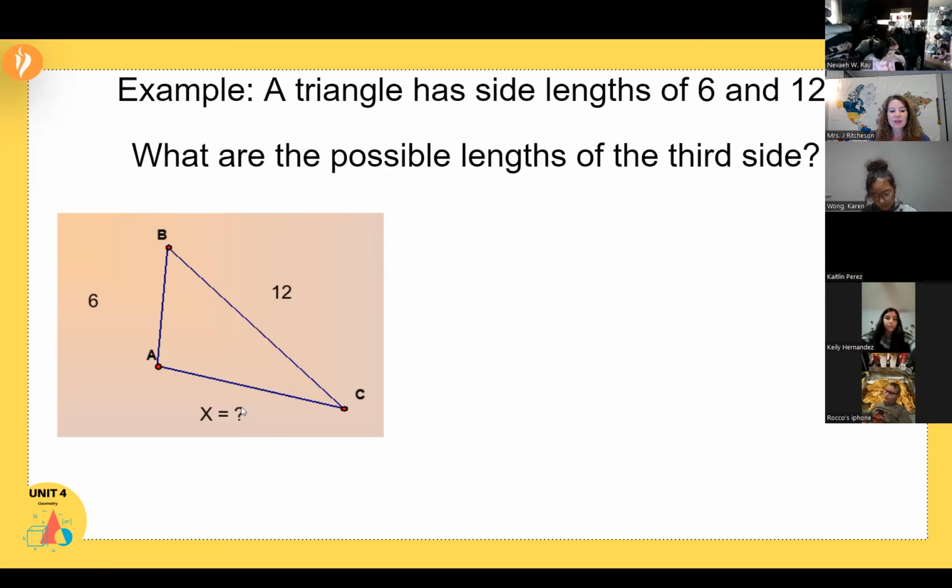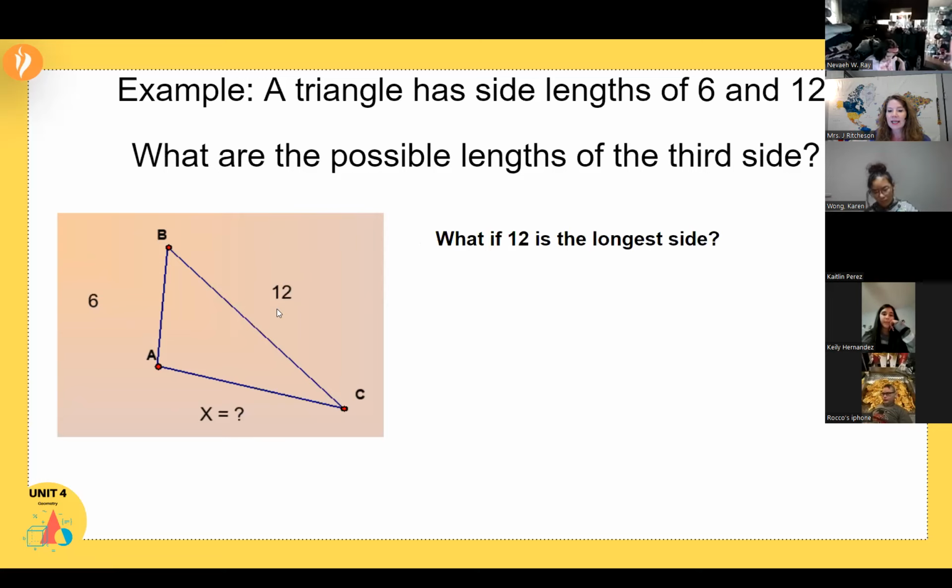What if this was 7? What's 7 plus 6? 13. Is 13 greater than 12? Yes. So the smallest this number could be, if we're talking about whole numbers only, I mean, obviously 6.1 would work, 6.2 would work, 6.3, but just to make it easy, we're going to go with whole numbers, okay? So this would have to be 7 or higher, because 7 plus 6 is 13 and 13 is greater than 12.